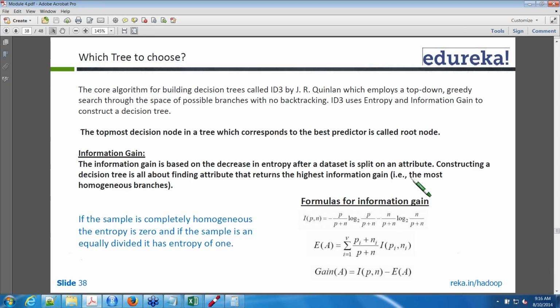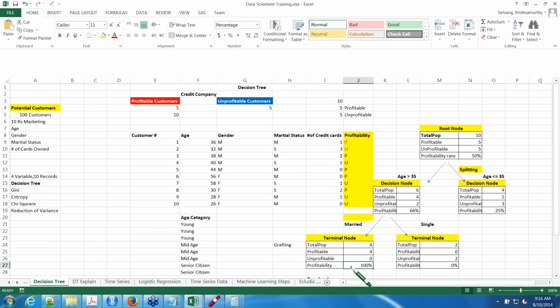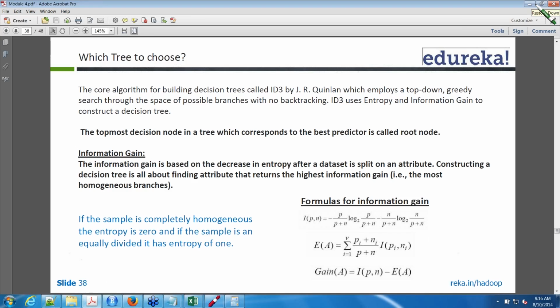That is the most homogeneous branches. Most homogeneous branches is equal to a single value. If I choose which column, I will get a homogeneous branch, which means the final child will be unique. So it will not have further splitting. That is called homogeneous branches. So that will be decided by information gain.